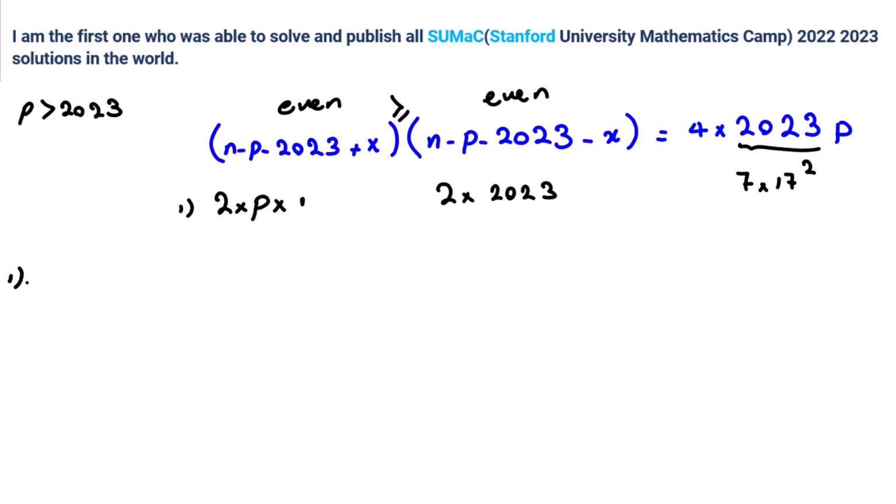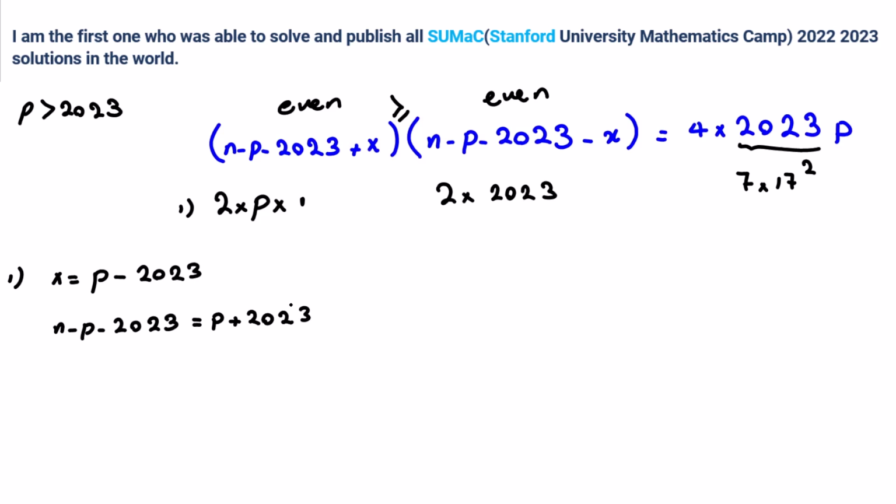For case 1, what can we say? Do you agree if we subtract, we can find x? Yeah, but don't we want to find n? Yes. But x is p minus 2023, right? If we add, it would be what? n equals 2p plus 4046. p plus 2023, right?